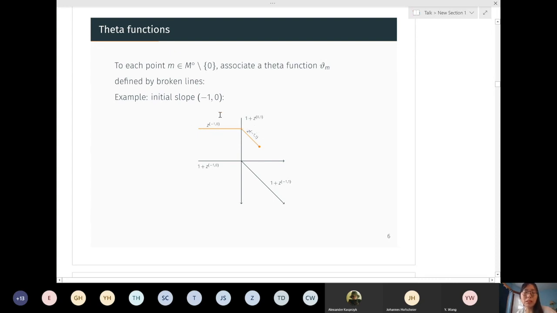The wall crossing is you can think of as just adding to the exponent here. I have this direction associated to this line, and then I add it, I got -1, 1, and then my slope changes accordingly.